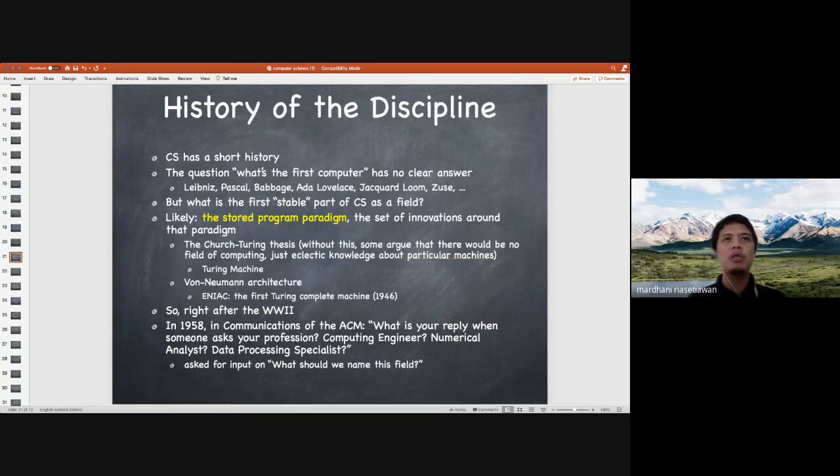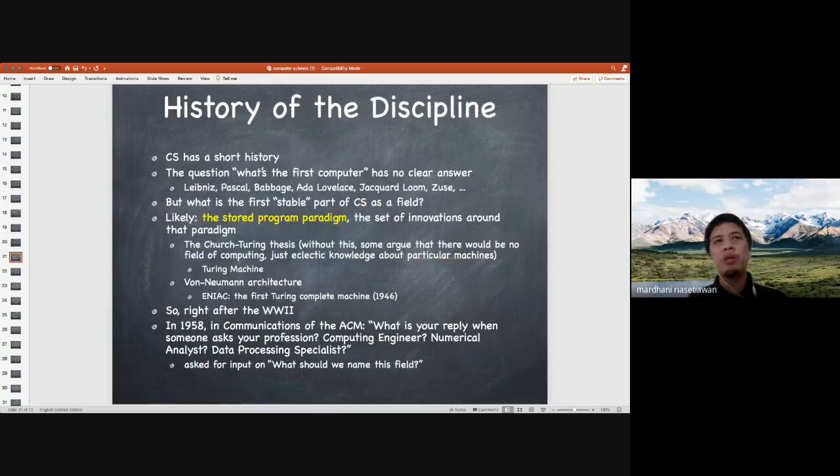So when we look at the computer science discipline, of course computer science has a history. Let's say, what is the first computer? We can see that Leibniz, Pascal, Babbage, Ada Lovelace, Zuse were among the first scientists that tried to engineer the computer. But we also have the question of when the first stable part was built.